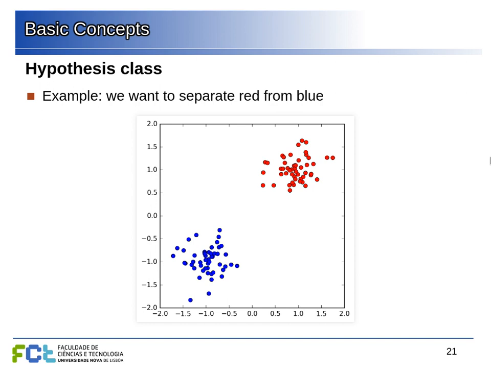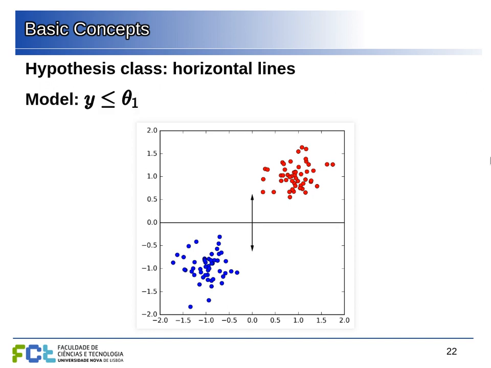So our set of hypotheses, of ways of separating the data, could be, for example, horizontal lines. We have the set of all horizontal lines, different ways of separating the data. We could separate the data here, so red above, blue below. We could separate it here, anywhere. And the system will learn by improving the performance in separating these sets and choosing the best of these hypotheses.